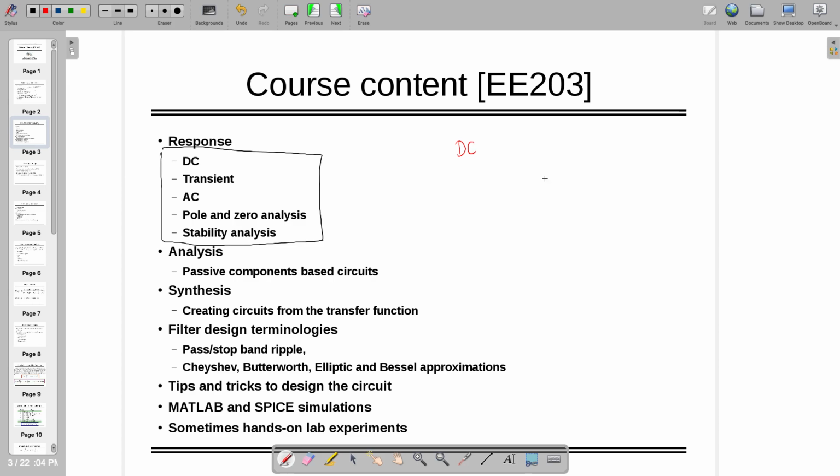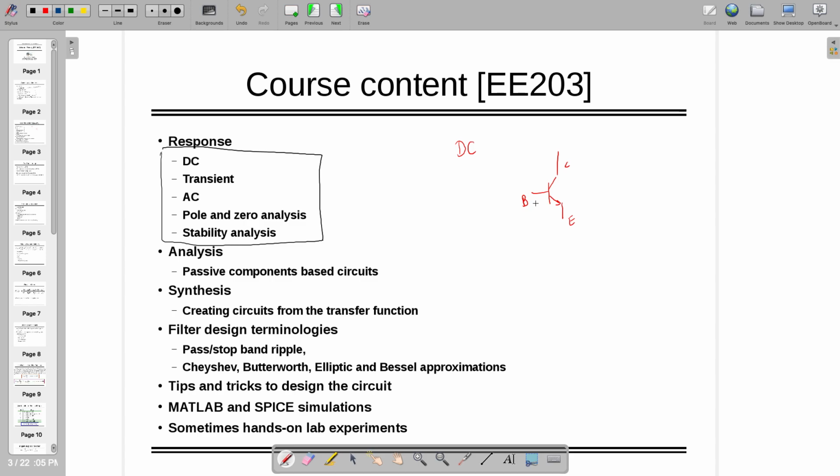Let's assume that you have some active device like this. This active device will work when the base to emitter junction is forward biased. In this BJT there are two junctions, one from base to emitter and one from base to collector.